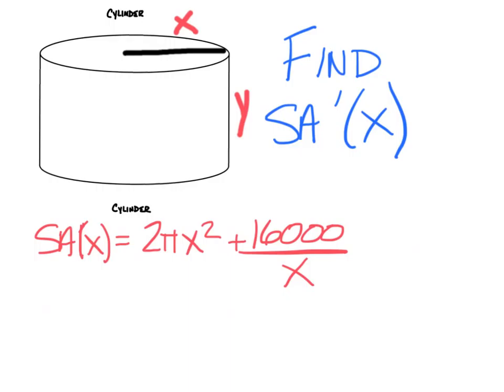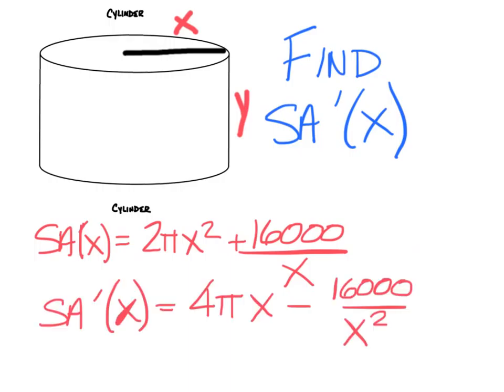So on the first part you end up with 4 pi x, but don't forget you have a variable in the denominator on the back end, which means you add 1 to the exponent, change the sign out front of it, and move the old variable to the top, which in this case was a 1, and multiply it by 16,000, which means we still have 16,000 there. So 4 pi x minus 16,000 over x squared is the first derivative. We have to set that equal to 0.